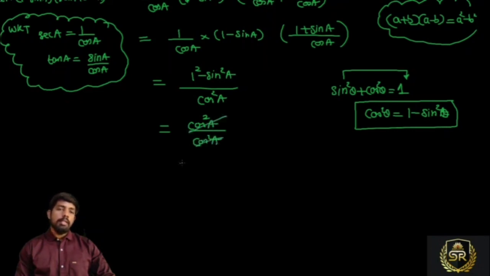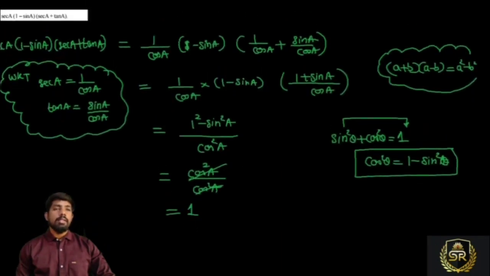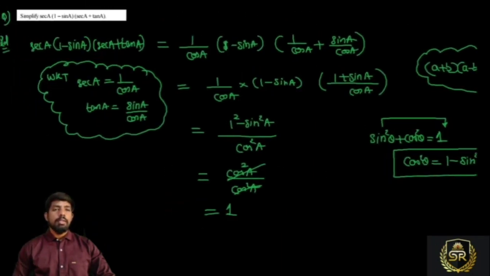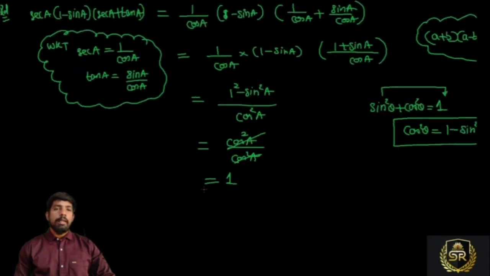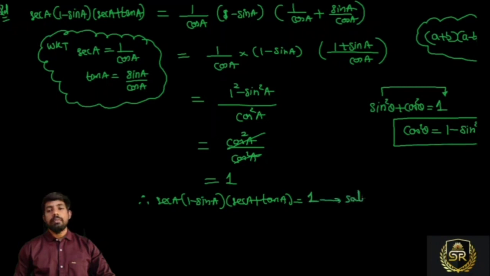Both are the same, hence 1 is the answer. Therefore, for the given question the solution is: secant a into 1 minus sin a into secant a plus tan a equals 1. This is the solution. Okay, done.